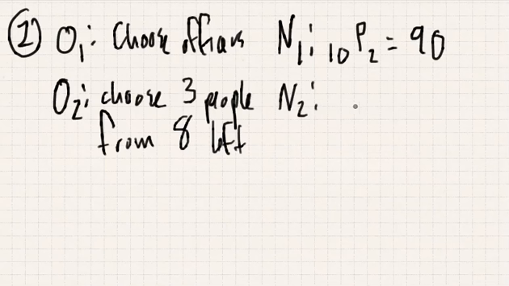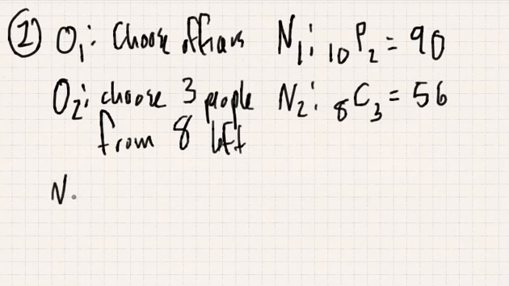Again, these 3 people are just any 3 people, so the order that we choose them doesn't matter. So this is 8 choose 3, and that turns out to be 56.